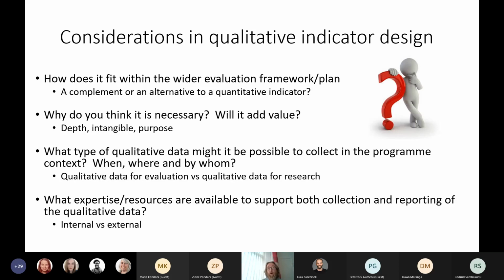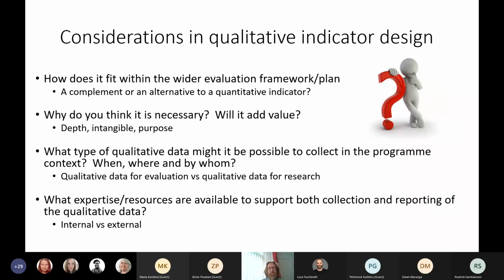Why are you doing it? Will it actually add value in the way that you plan to do it? Will it provide depth to your reporting or to your evaluation? Is it because the outcomes that you expect to achieve are quite intangible and difficult to quantify, so your qualitative approach makes sense? What's the purpose here?